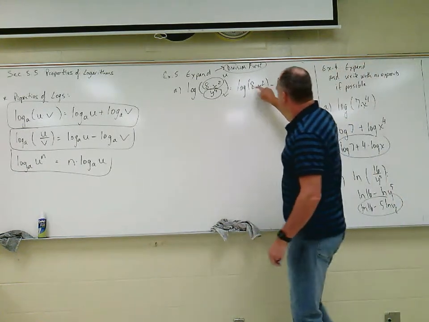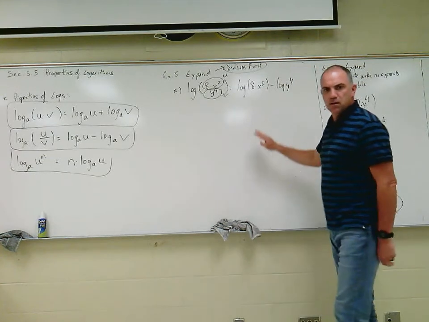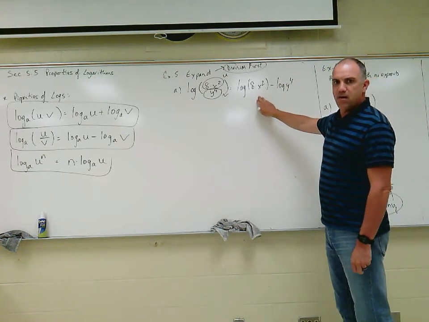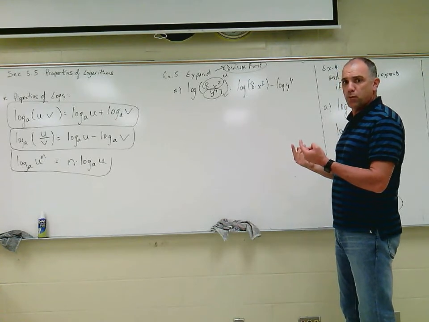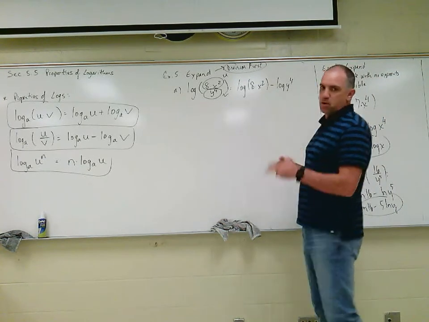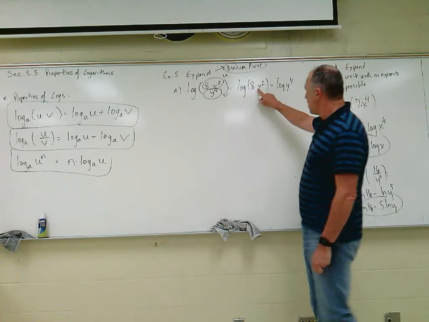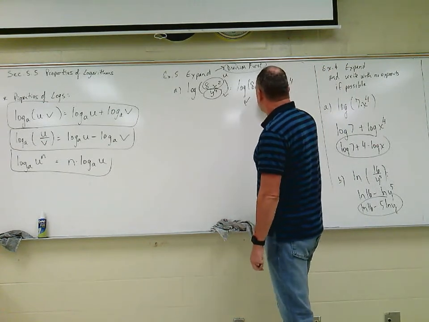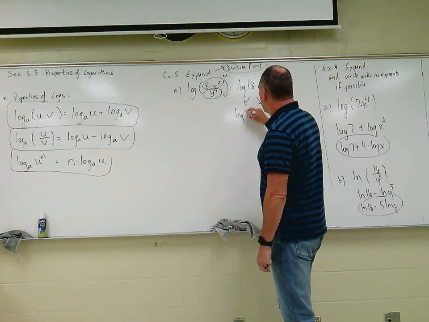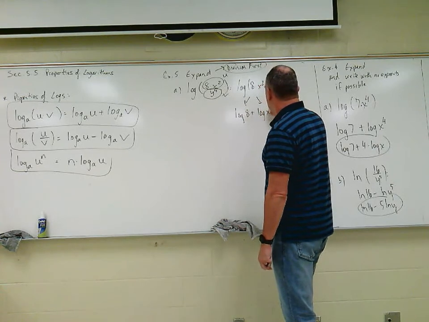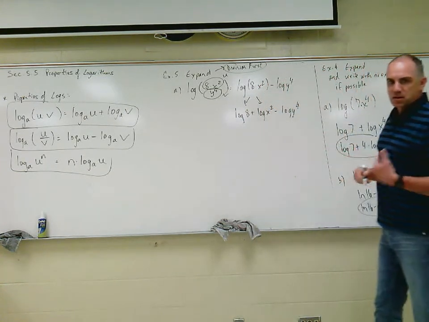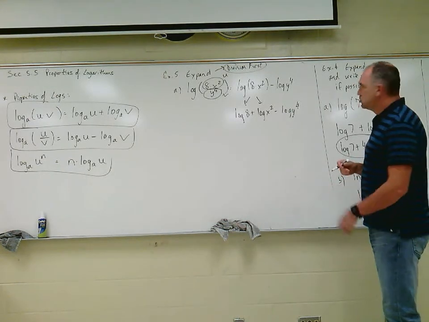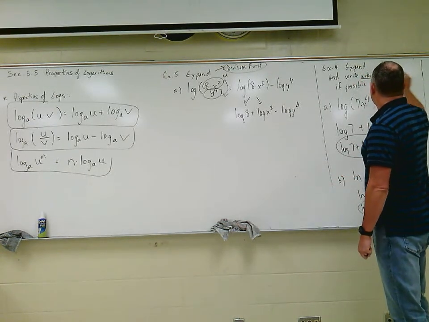Now I see it's 8 times x squared, so I have a multiplication. It's like 2 problems in one. There should be no more division because I've done that. Now I have a multiplication, and this becomes 2 logs of addition. But remember, on the expanding, the key element that they'll sometimes ask is to write with no exponents.